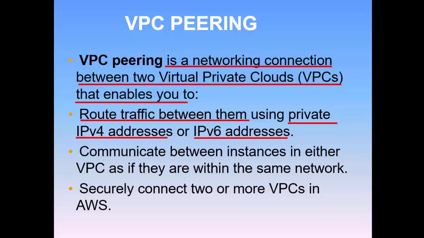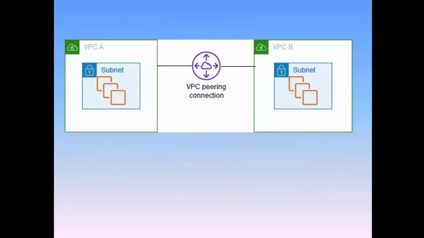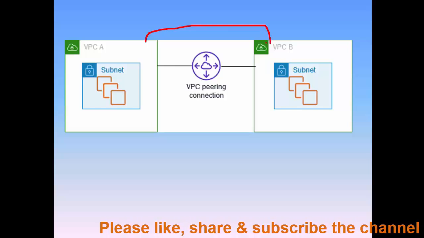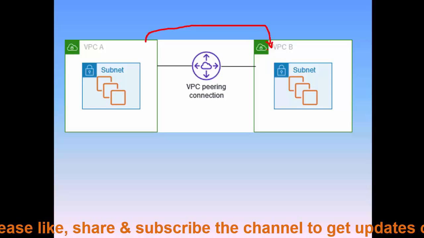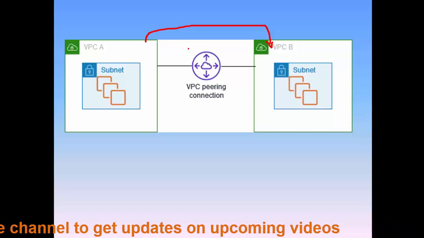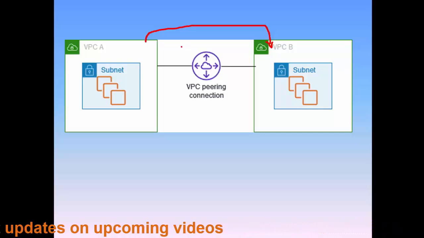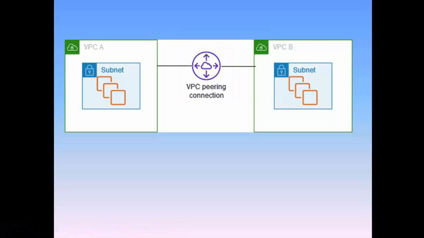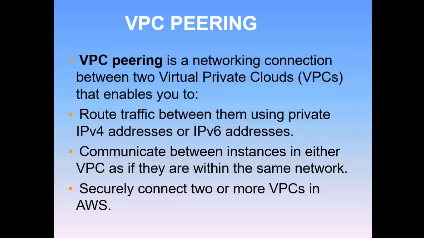With the public IP, this VPC can communicate here, no issue. Why are we doing the peering? Using private IP addresses.